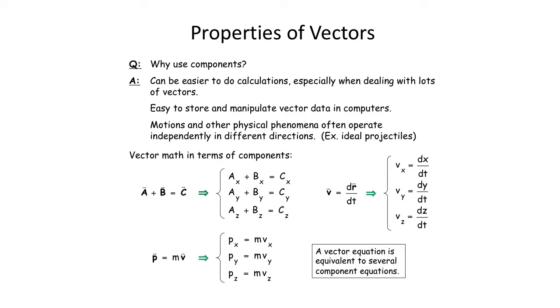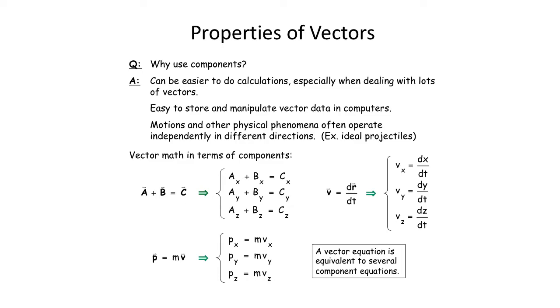And here, if you've worked with vectors, this is the most challenging but the most important reason: I can have a whole bunch of equations in x, y, and z directions. Here are 3 equations: ax plus bx equals cx, ay plus by equals cy, etc. When I write them as a physicist, I can compact them into a vector equation, where each of these equations is just taking the x components, the y components, and the z components.